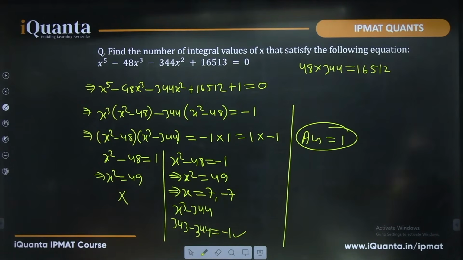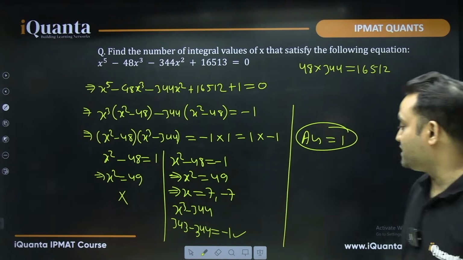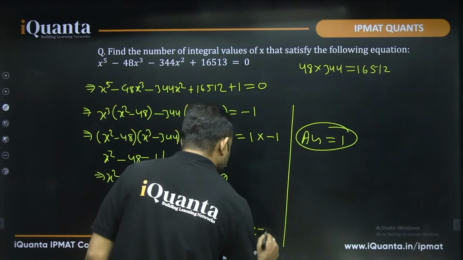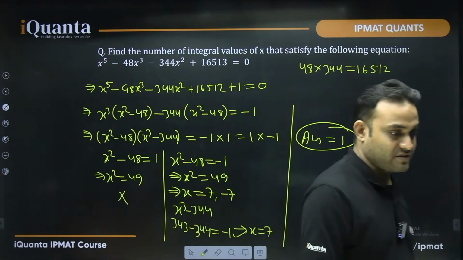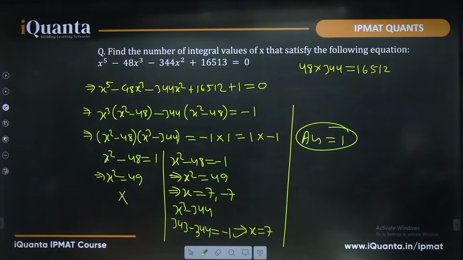We are getting x square as 49, so x can be 7 or minus 7. This is only possible when x is equal to 7, not minus 7. So there will be only 1. The root of 49 is 7, so how did 49 solutions come from that? Okay, all good?